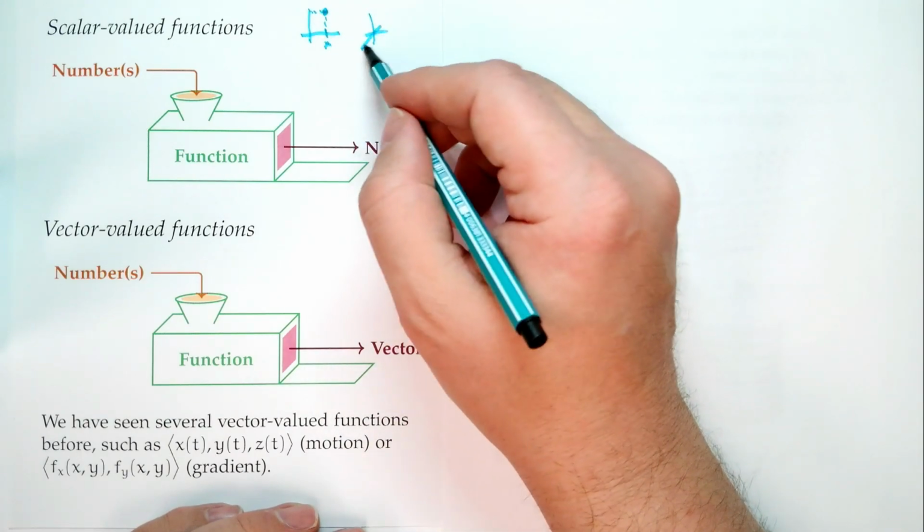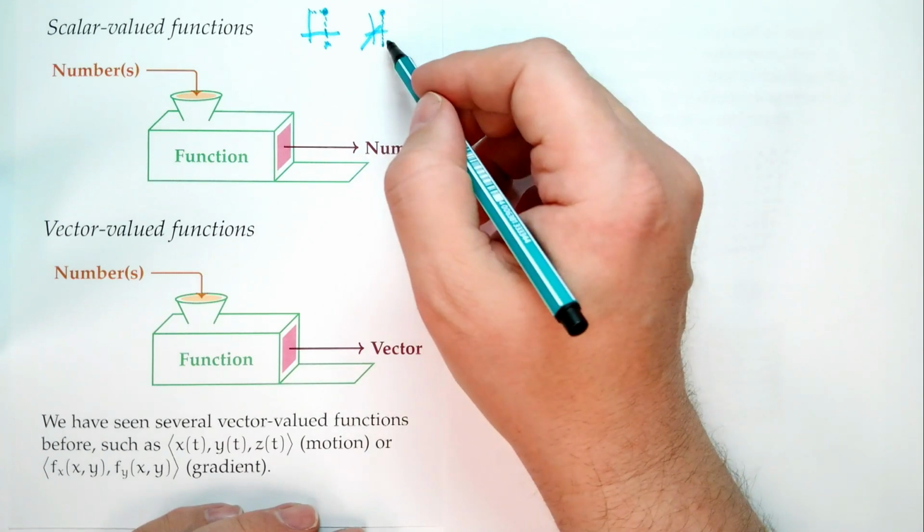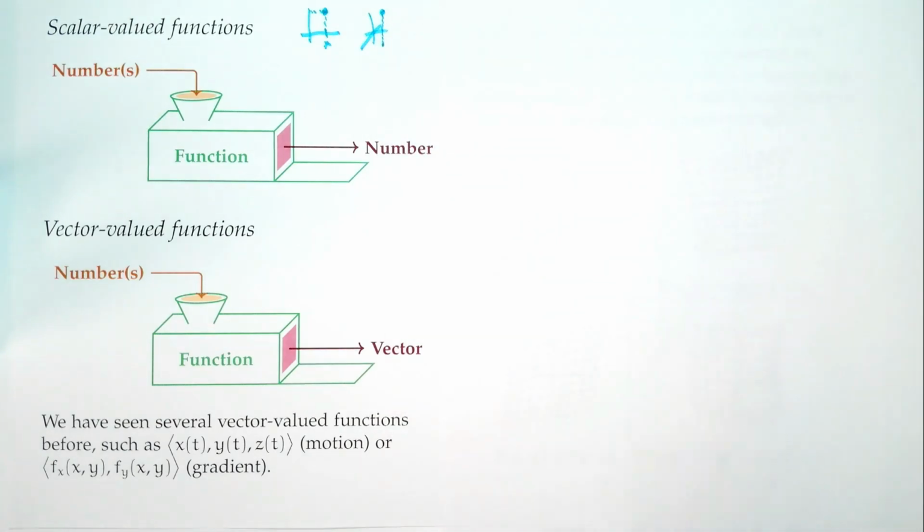And when you go up to 3 dimensions, of course, here's your input in the xy plane, and your output is a single point. No big surprises. But now, when we transition to vectors, our outputs are vectors. So how are we going to draw these? What does it look like, and how do we understand it?